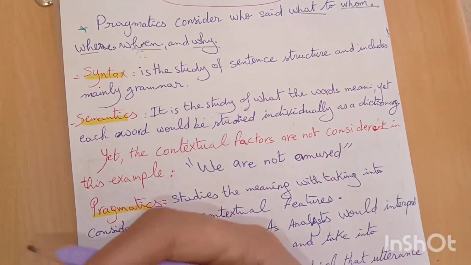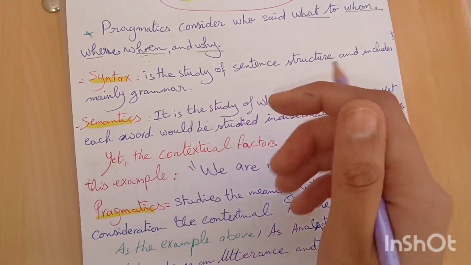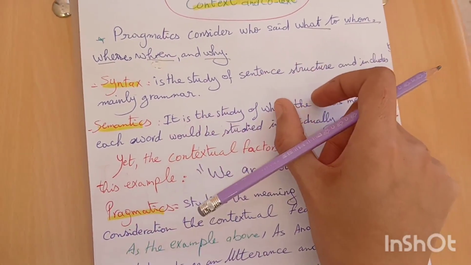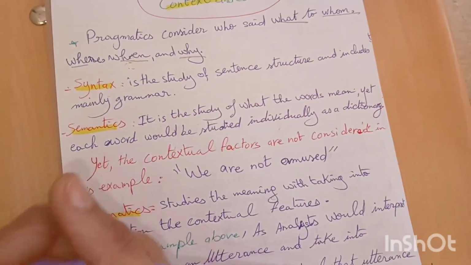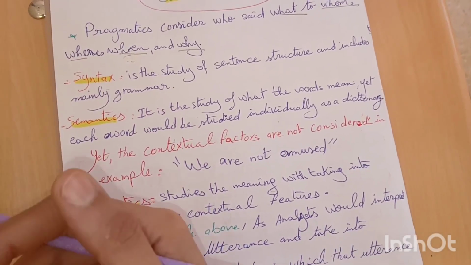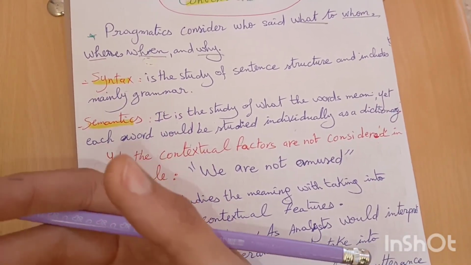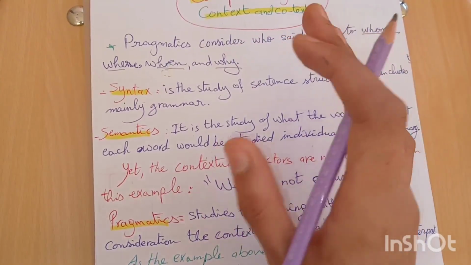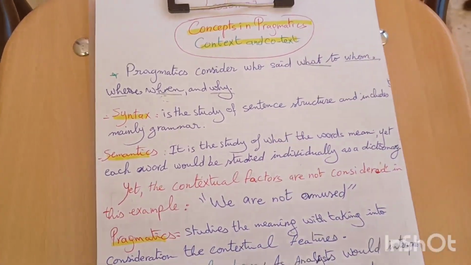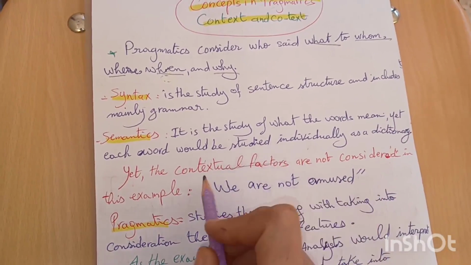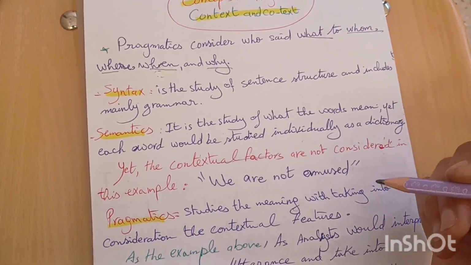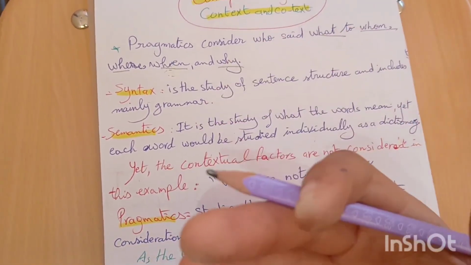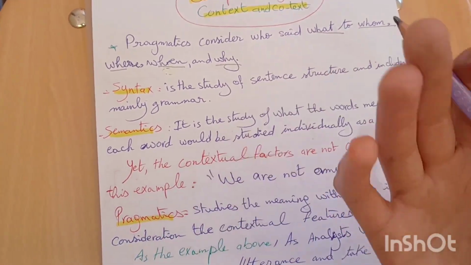So in semantics, I just look for the meaning of this word individually, this word individually, and in that case we cannot know the meaning of the whole sentence together, and also we cannot know the contextual factors that can affect that sentence or that kind of speech.